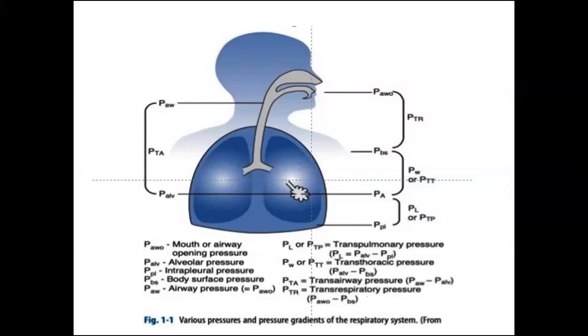Which force is the primary pressure to overcome? Elastance. So trans airway is for resistance. Transpulmonary pressure is for elastance. That's all. If you don't understand this, it is very difficult to make you understand other concepts.